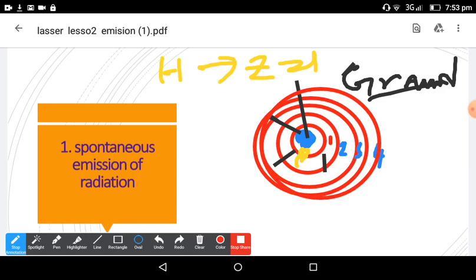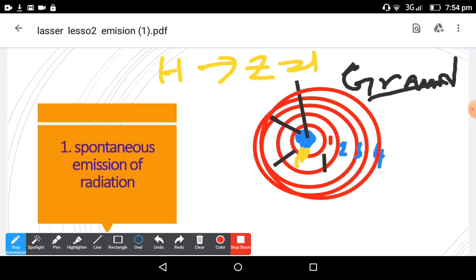And here we have to observe two things. Number one, whether all the electrons jump to the same energy level, that is, the same orbit. For example, whether all the electrons jump to the third orbit from the first orbit, or fifth orbit from the first orbit, or the electrons jump to different energy levels, some from first orbit to the second, or third, or fourth, and fifth, like that.